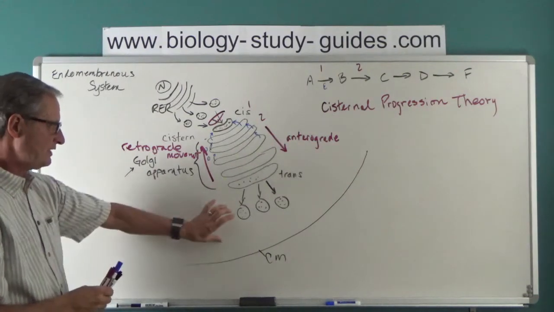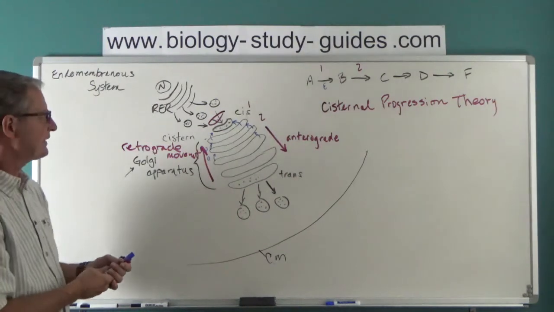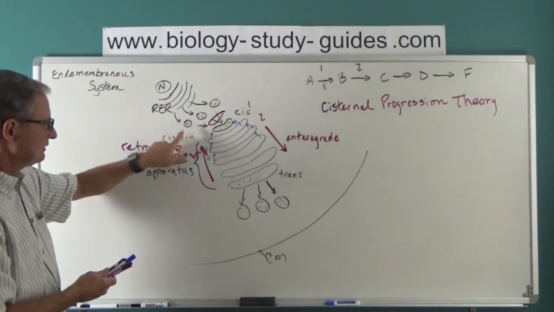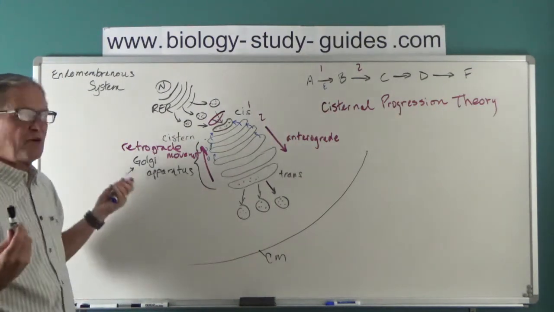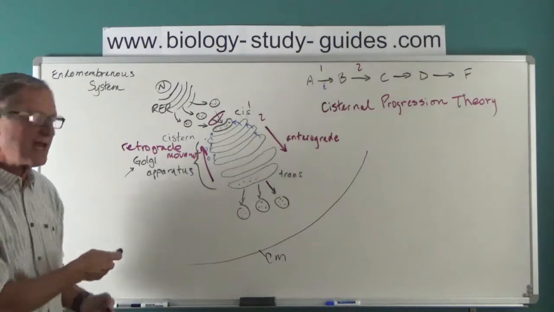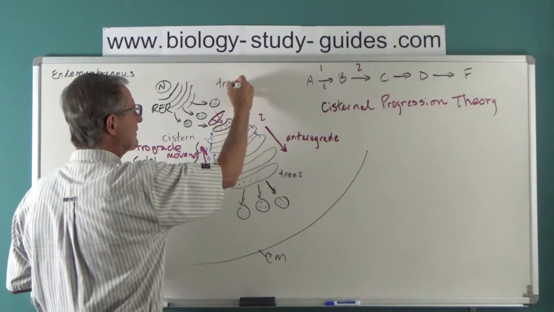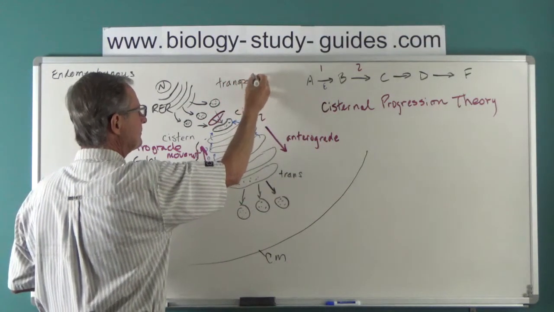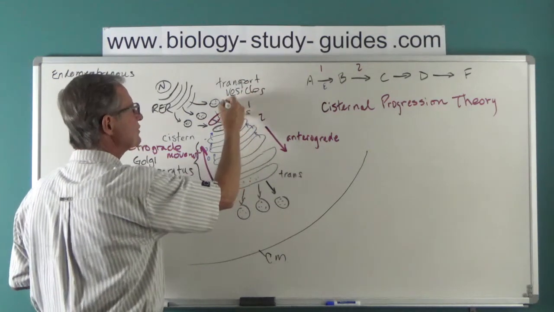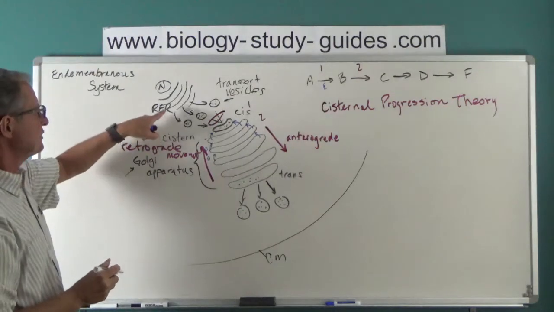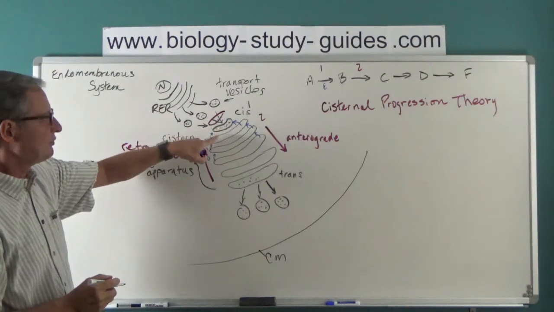Now, these things here, these are vesicles. We've got vesicles up here, we've got vesicles down here. Two different kinds of vesicles. For all intents and purposes, they look the same. These ones up here are called transport vesicles, because their role, quite simply, is to transport these products from the ER to the Golgi apparatus.